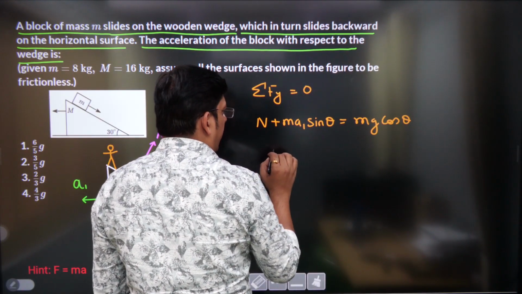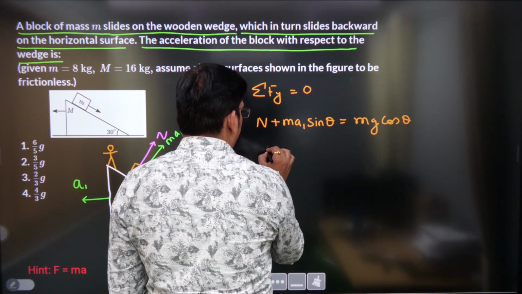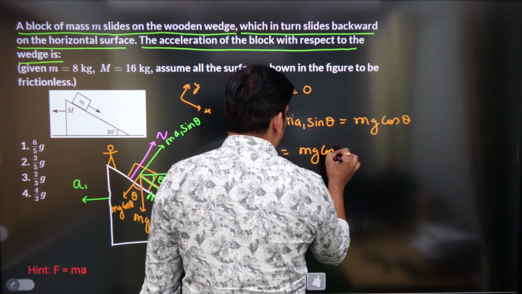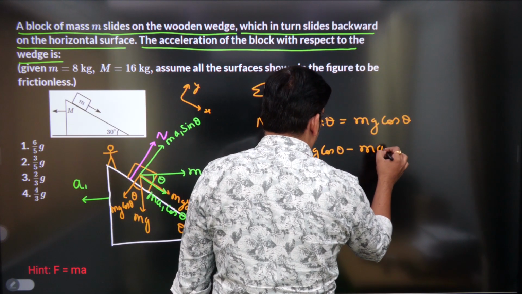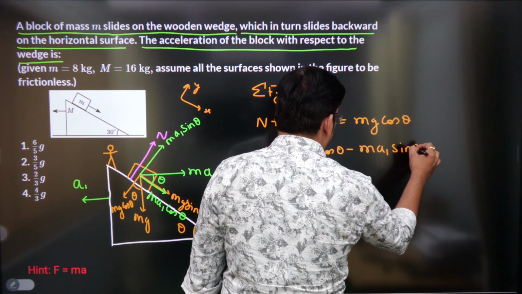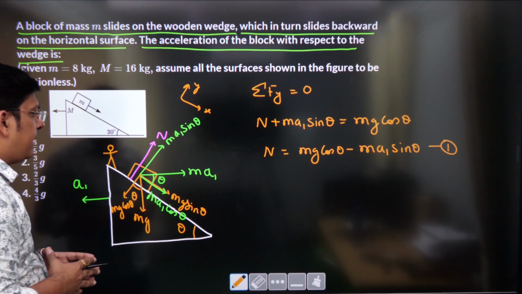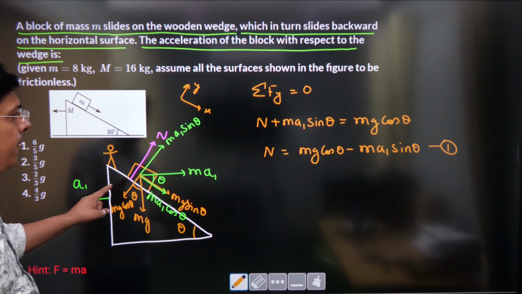So this is equation 1 for us. Normal reaction is equal to mg cos theta minus ma1 sin theta. Let us take this as equation 1.